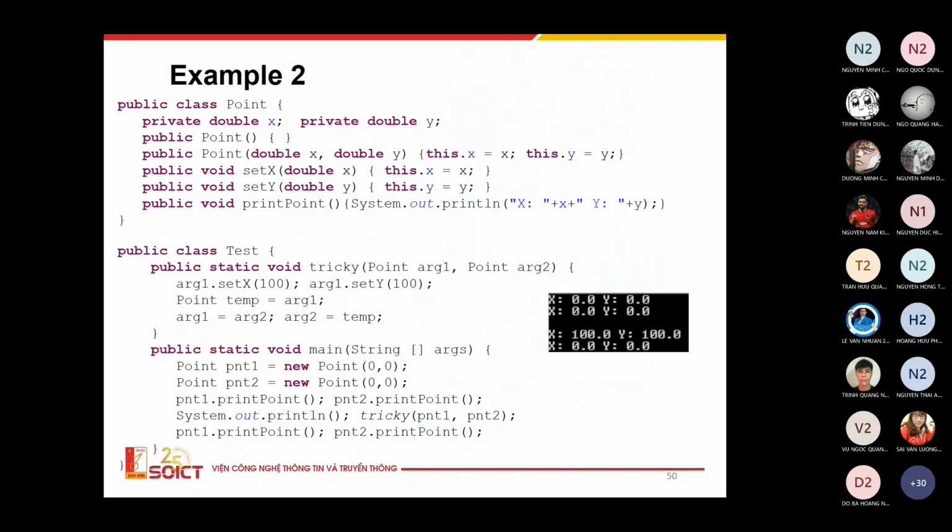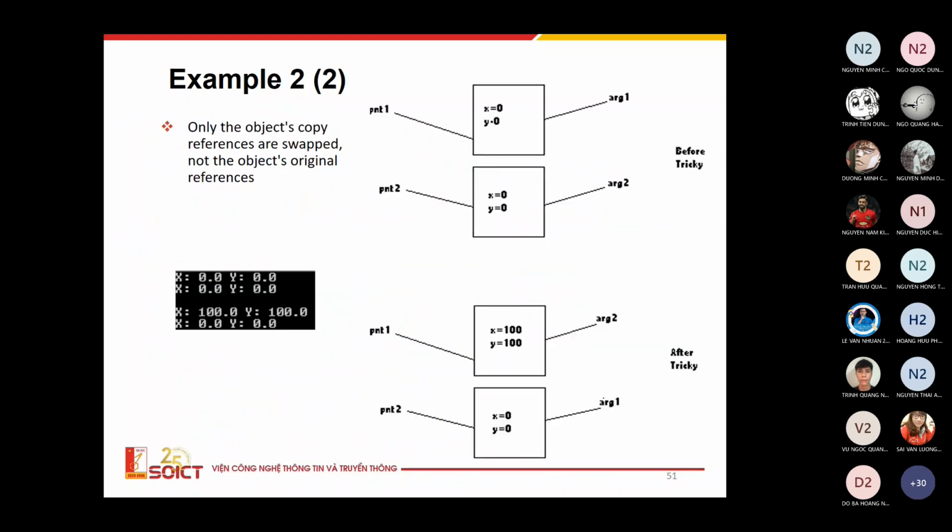Okay? So this will be the result of the output. Somewhere you change, you have to swap the value. You look like this, but when you draw in the memory, the true reference PNT1 and PNT2 are kept. So you just swap the reference in the local object.